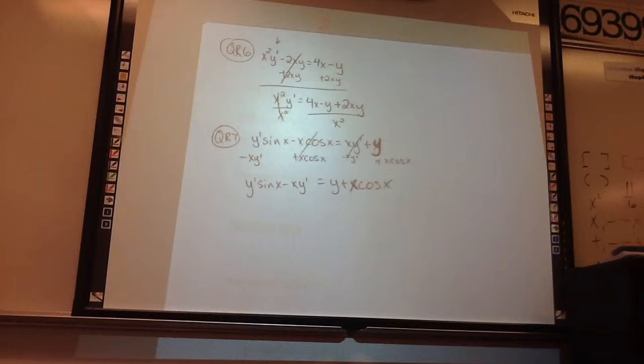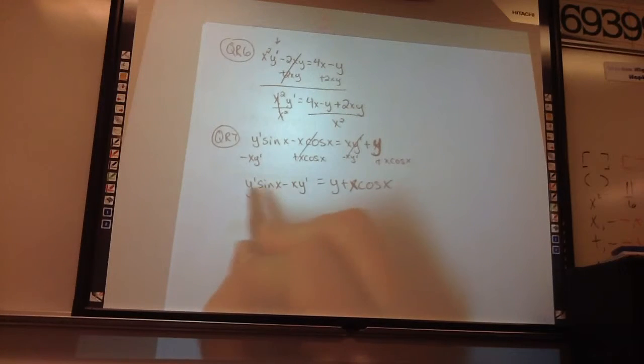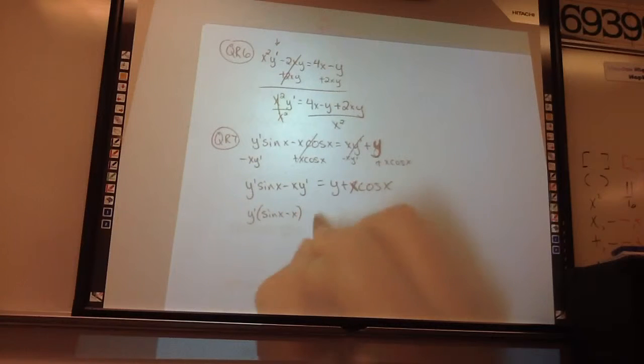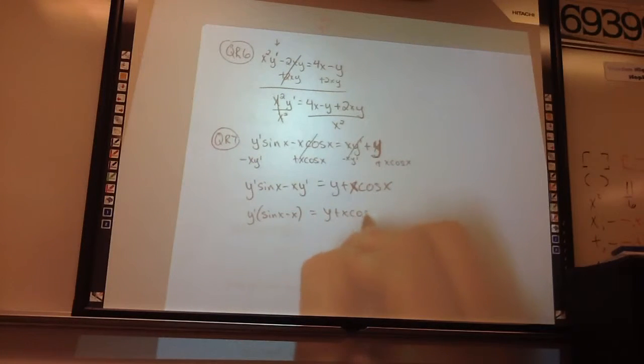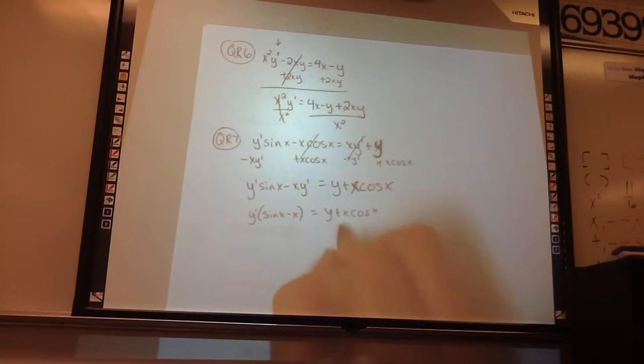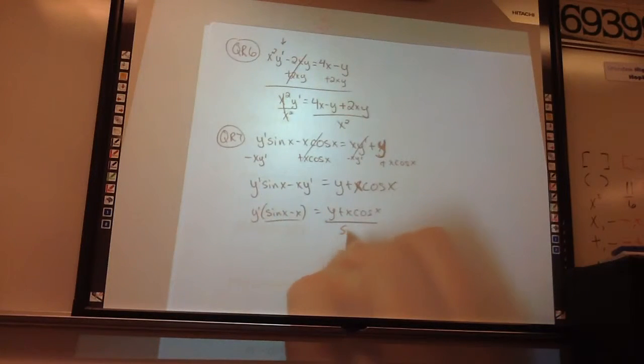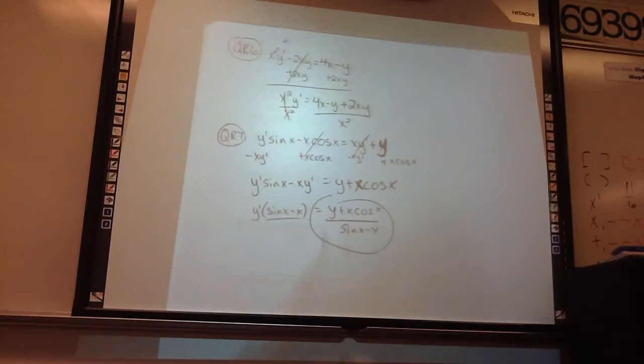Normally the thing you factor out is in front of the y prime in the ones we've done. It doesn't matter what order you're in. You factor out y prime, right? So it's y prime times sine of x minus x equals all this. Then divide by sine of x minus x. So it's y plus x cos x over sine of x minus x. And that's your answer.